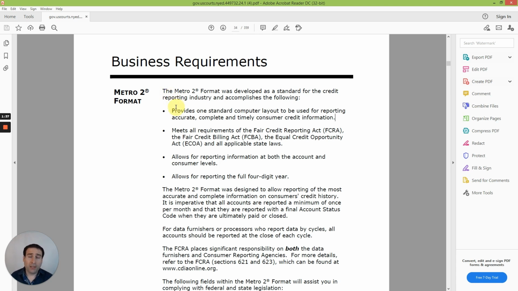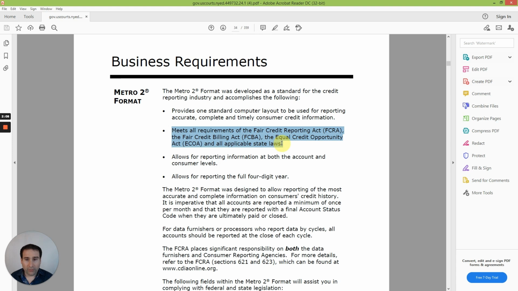So again, when you're making these disputes and you're arguing that the information is inaccurate because it is inconsistent, their own industry standard manual says that the information should be able to get laid out on a computer screen in one standard layout. Clearly, when we look at the credit bureau reports and they all look different, we can't really lay them out and compare Equifax, Experian, and TransUnion's trade lines because they all actually, in fact, look different.